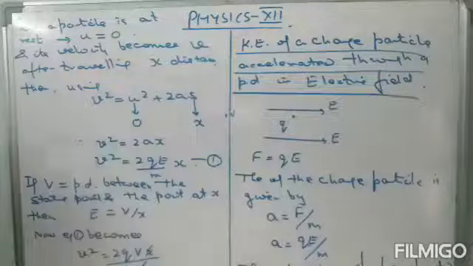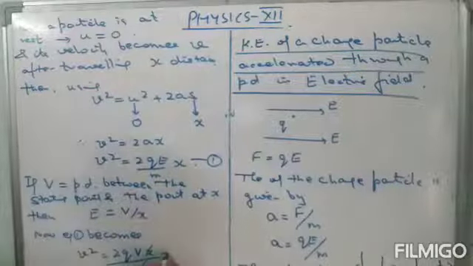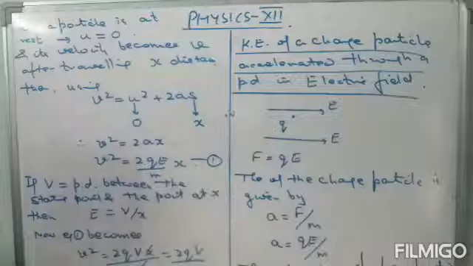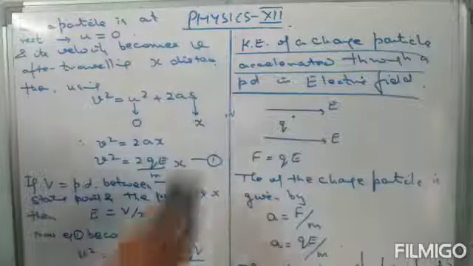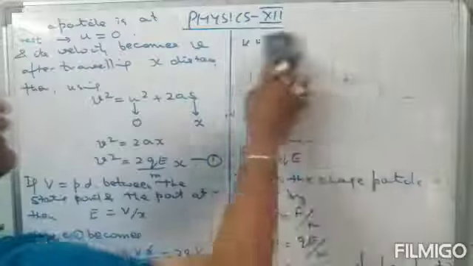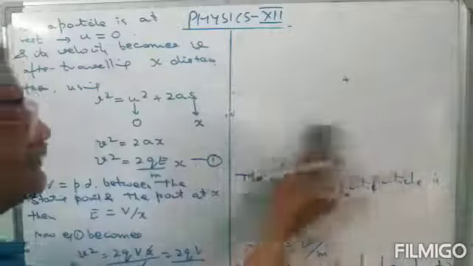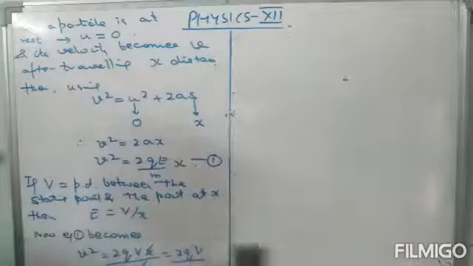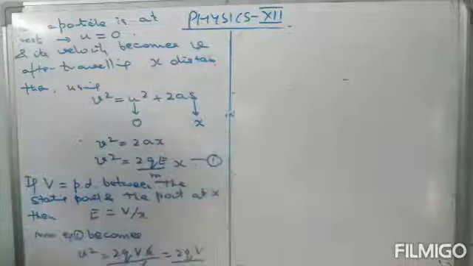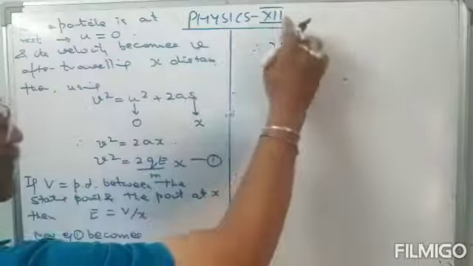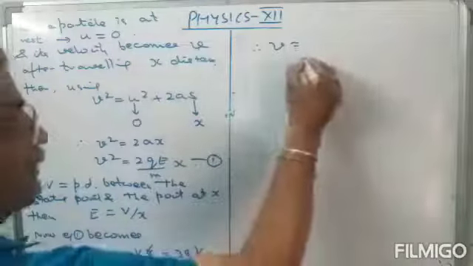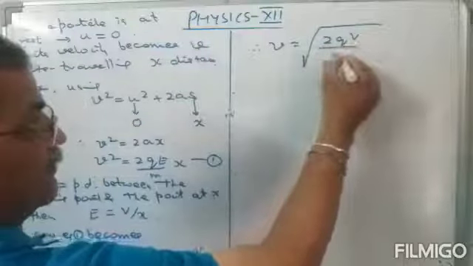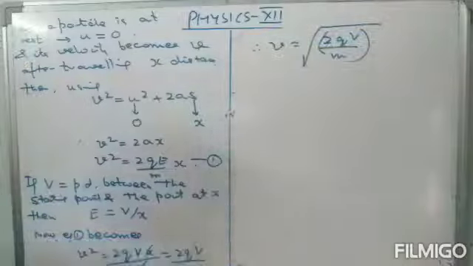The X's get cancelled and you are left with 2QV upon M. This is V square. We can easily find the velocity now. The velocity of a charged particle moving in electric field is given by V is equal to under root 2QV upon M.